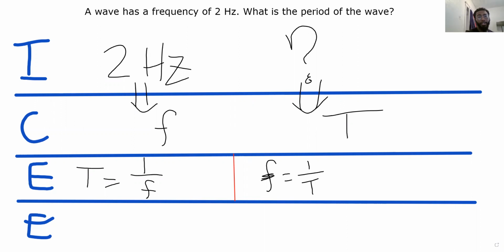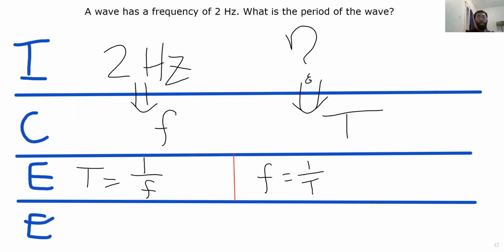Now, I personally like doing it this way because when you do problems this way, you don't have to memorize a bunch of equations. You just remember one equation and you use algebra to change it however you need to in order to solve for what you're looking for.